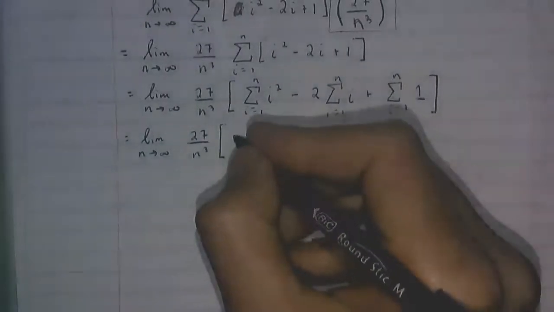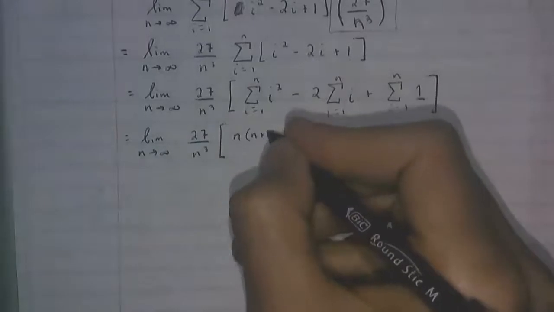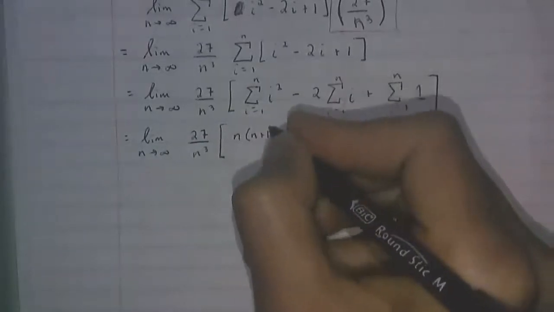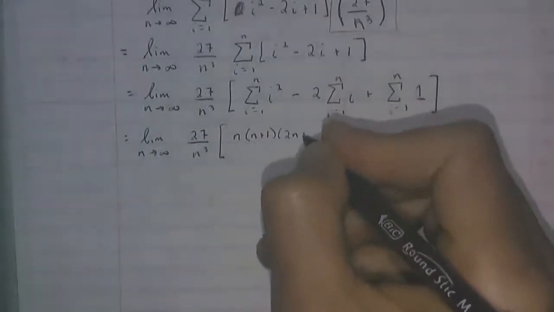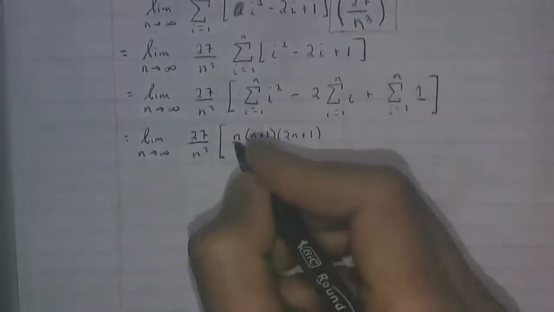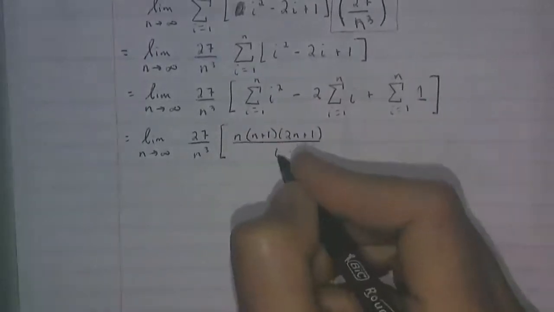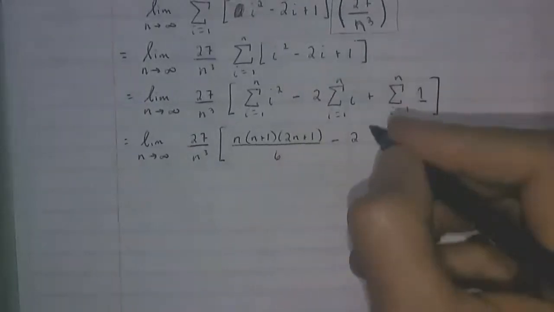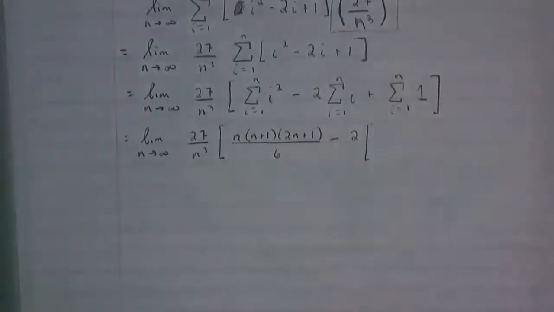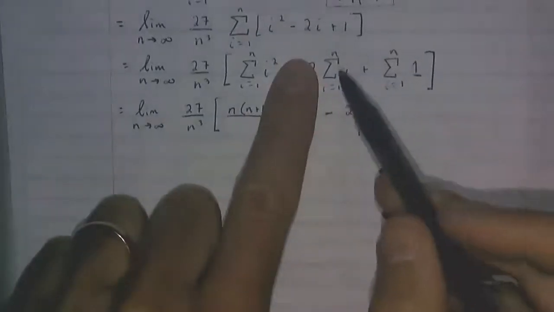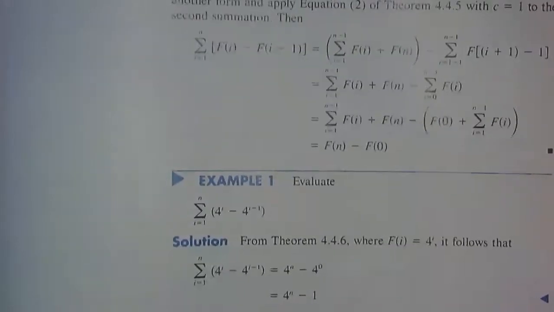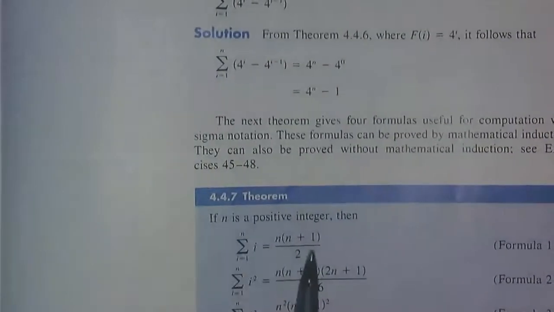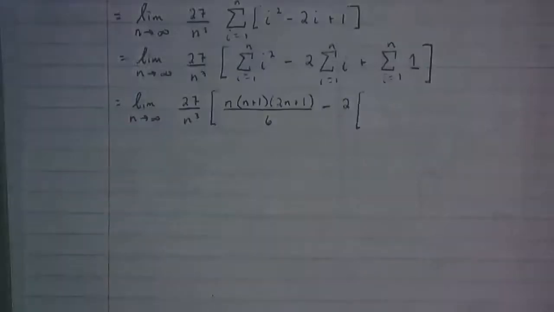That turns into n times n plus 1 times 2n plus 1 divided by 6, minus 2. For this sum, we're going to use formula 1 from 349. This guy here, n times n plus 1 divided by 2.